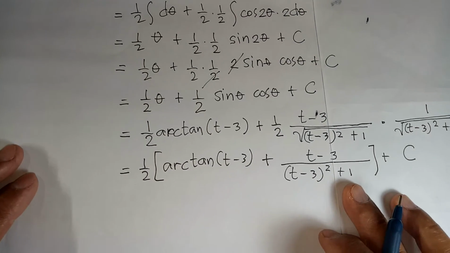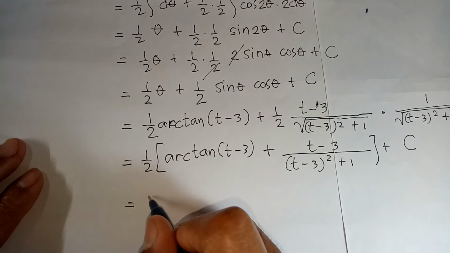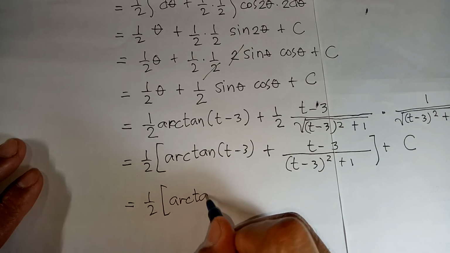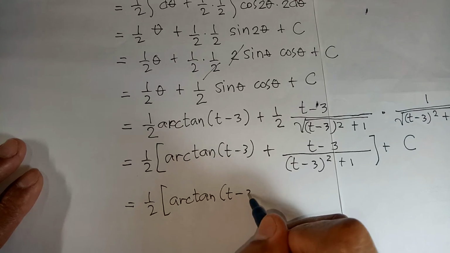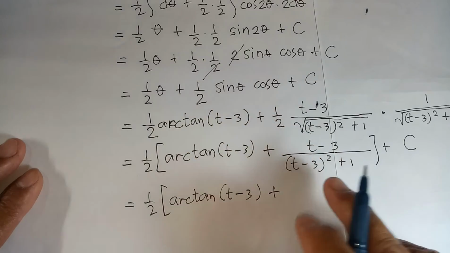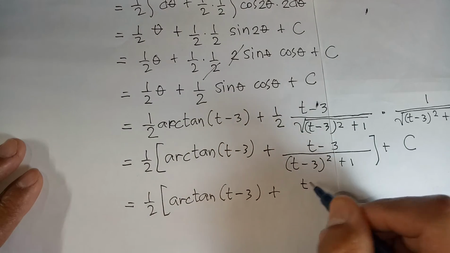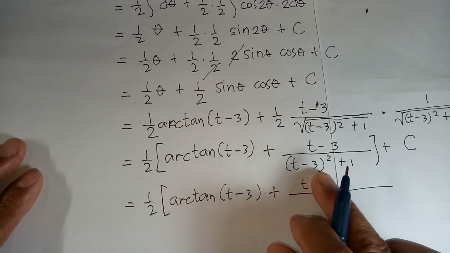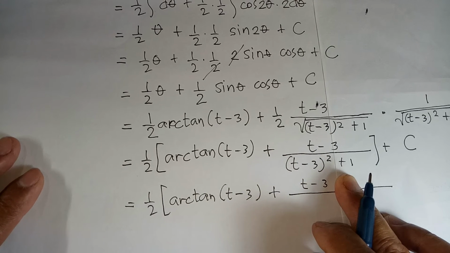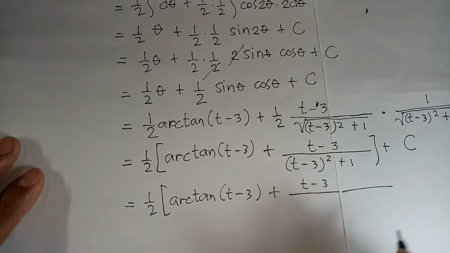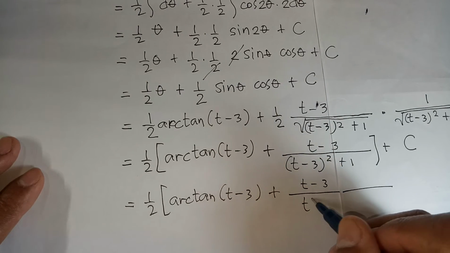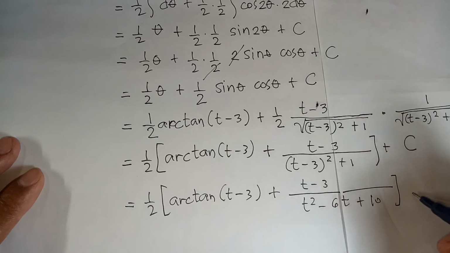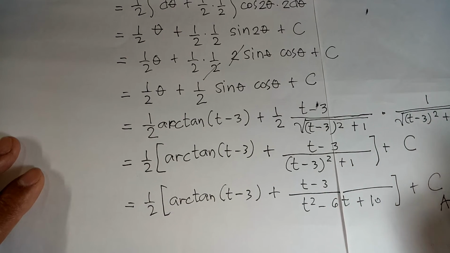Para sa final answer natin, magkakaroon tayo ng 1/2 arctangent of t minus 3, plus yung numerator natin na t minus 3, divided by t squared minus 6t plus 10, plus c. At ito na yung ating sagot.